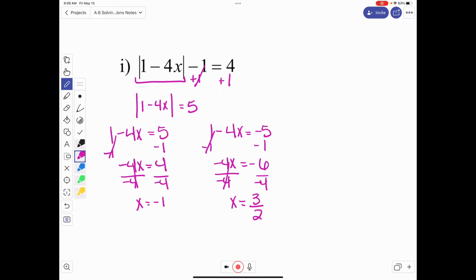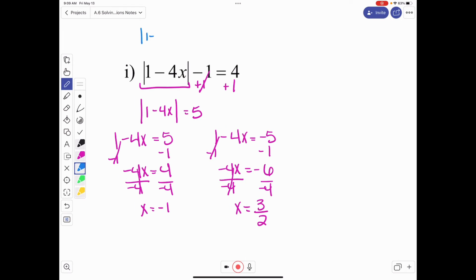Now, if we check, we're going to plug back into our original. So if I'm just checking here, I'm doing absolute value of 1 minus 4 times negative 1, minus 1, and I want to make sure that that equals 4. So that's going to be 1 plus 4, which is 5, because the 2 negatives are going to be positive. So that's going to be 5 minus 1, which is 4.